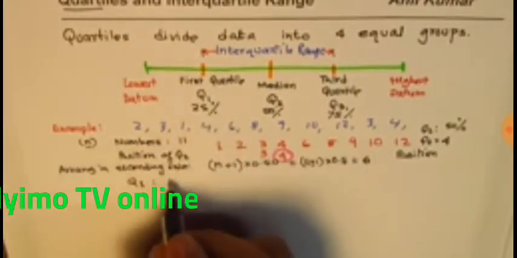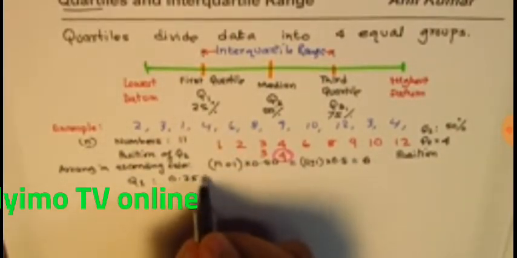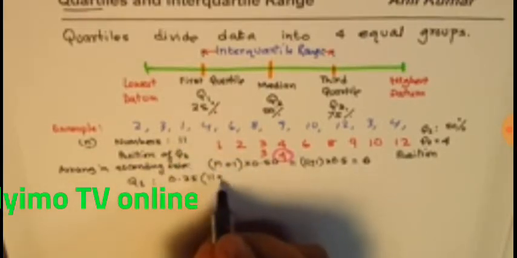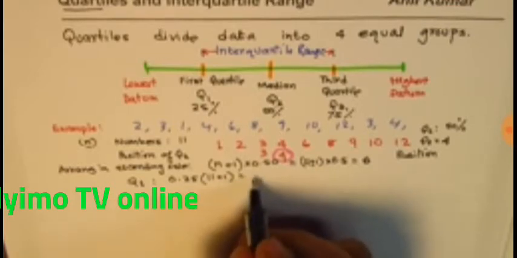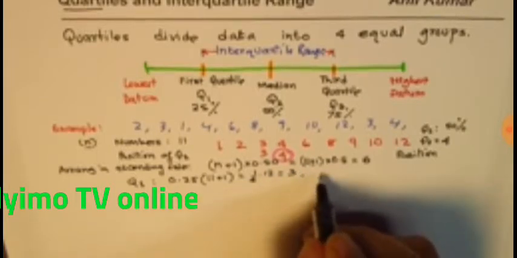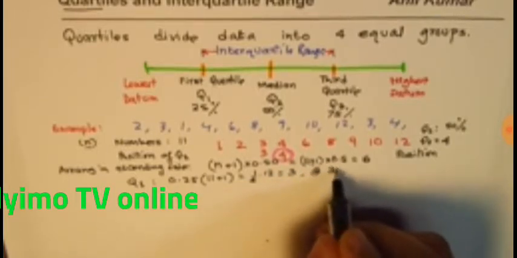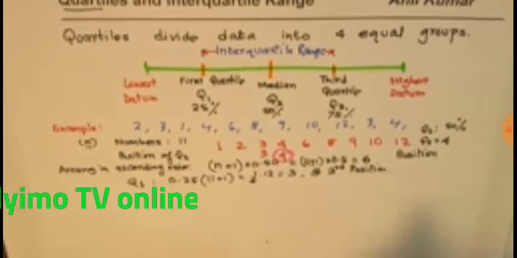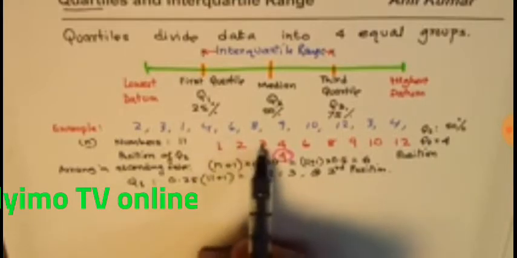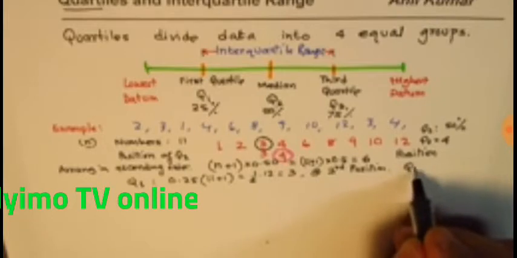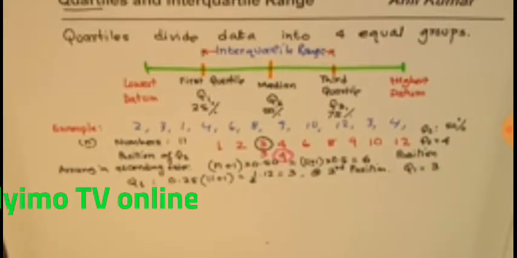So for 25%, we do 0.25 times, in this case n is 11, so 11 plus 1, which is 1/4 of 12, which is the third position. So what value is at the third position? 1, 2, 3. This number 3, do you see that? So we get Q1 equal to 3.